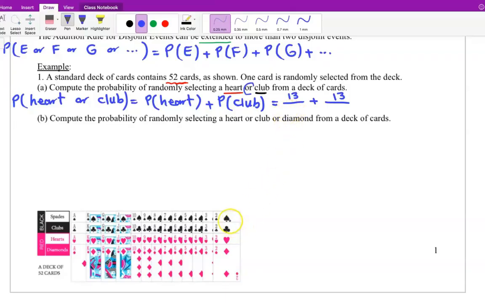And the number of outcomes in total, how many cards we have, is given as 52 cards. Now adding these two, we have 26 divided by 52. Simplify. The answer is 0.5.